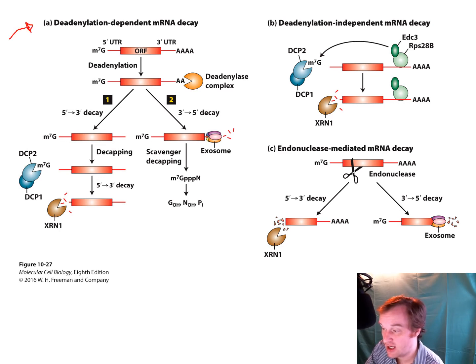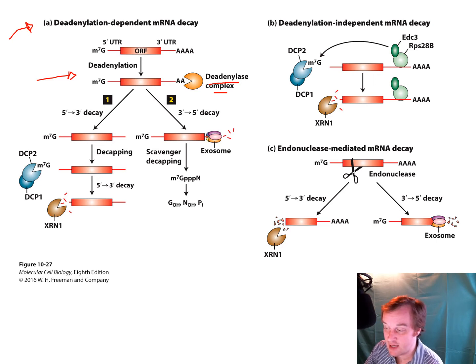And so within this, a deadenylase complex comes in and it shortens the poly A tail to less than 20 residues, and it destabilizes the PABPC1 binding of this on the 5' end.